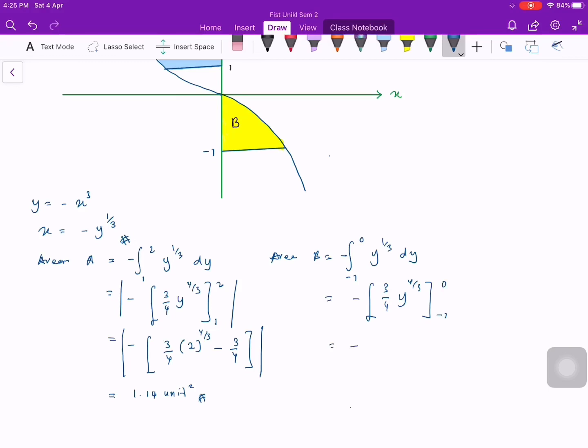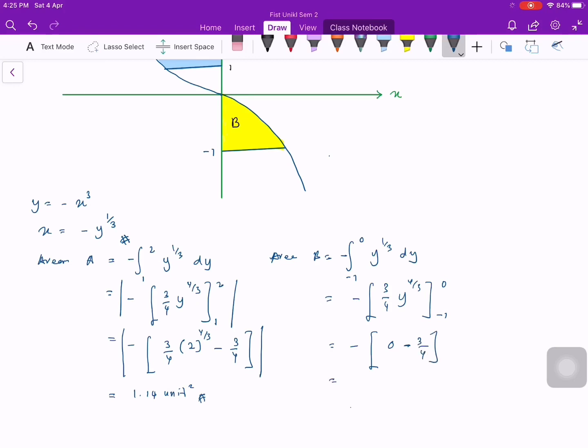Then saya akan dapat negative of, okay, so negative of 0 minus with minus with 3/4. Okay, so minus will become, so here saya akan dapat negative 1, saya akan masukkan 0 minus with minus with 3/4.